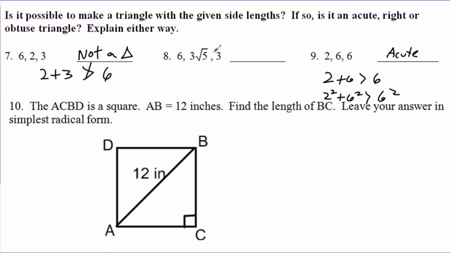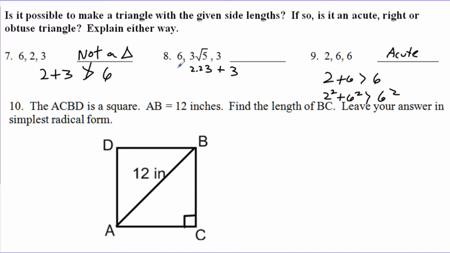Problem number 8. Again, I've got to check first to be sure that when I add together these two expressions, I'm going to get something bigger than 6. If you turn 3 root 5 into a decimal, it's about 2.23, right? So I'm going to put this in decimal form, and add it to the other smaller side.